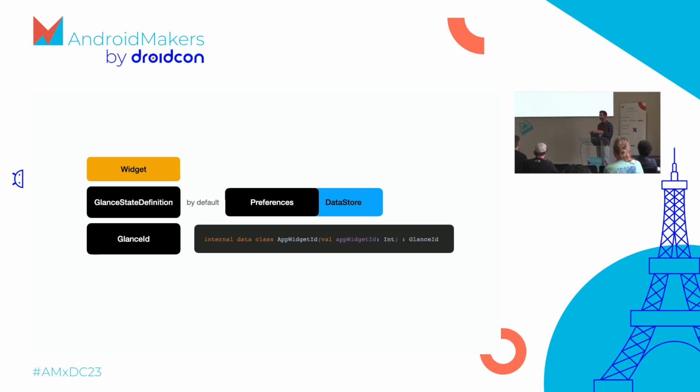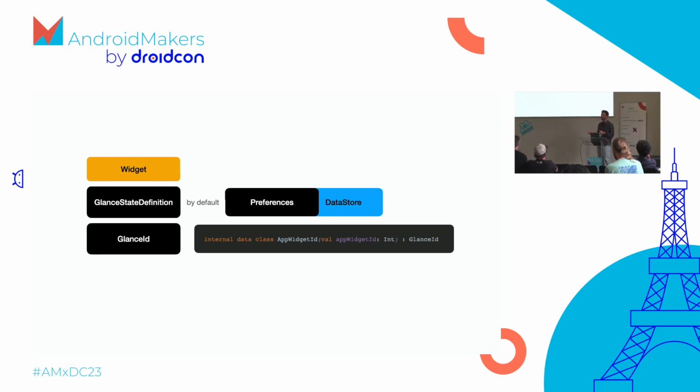So every widget that you are placing on the home screen has its own unique app widget ID, and with that app widget ID, there is a connection to the preferences that you can use for the state management. And the Glance ID is just an interface that uses app widget ID as a parameter. It's an internal data class, so you cannot go in and check what is the real system app widget ID.